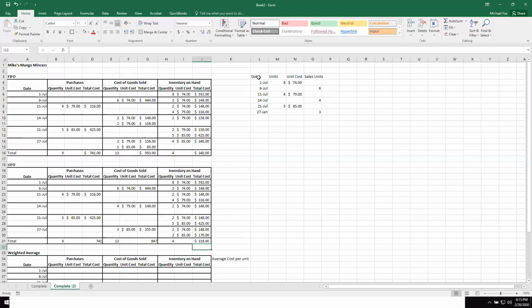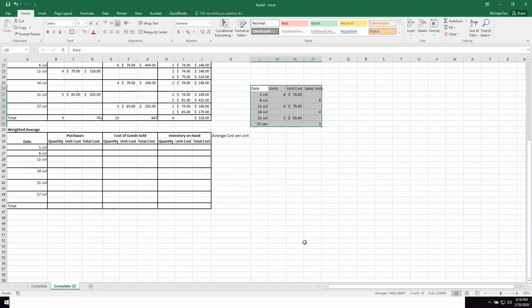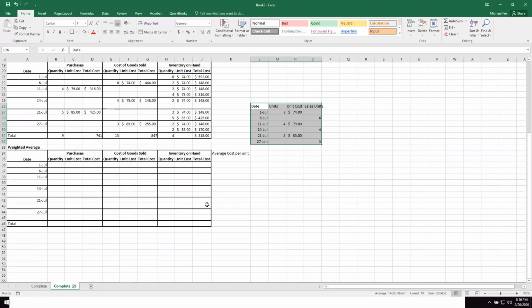The weighted average is the last one. I'm just going to move all my info down here so we can see it. All right. So with the weighted average on the 1st of July, we have 8 units, cost of $74 a piece.